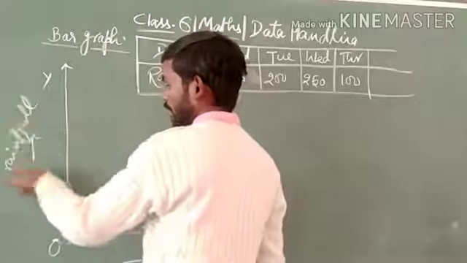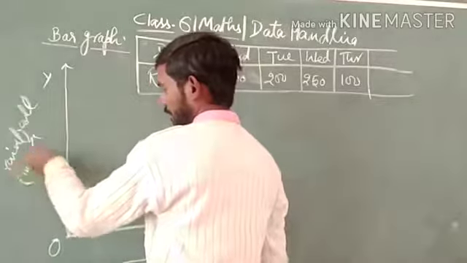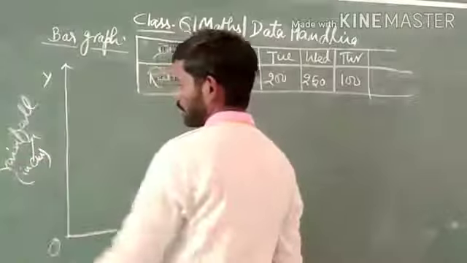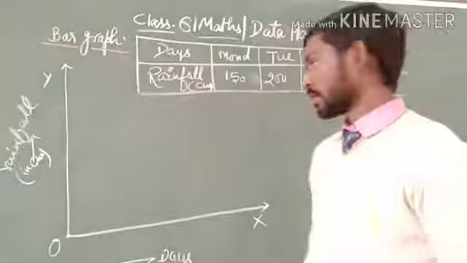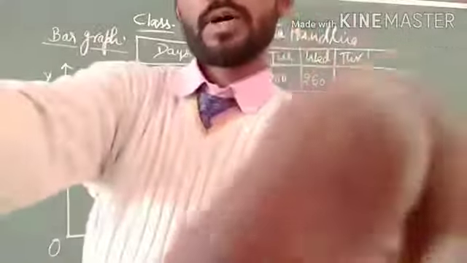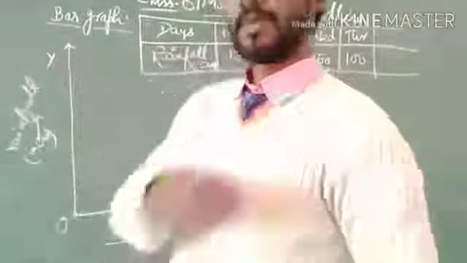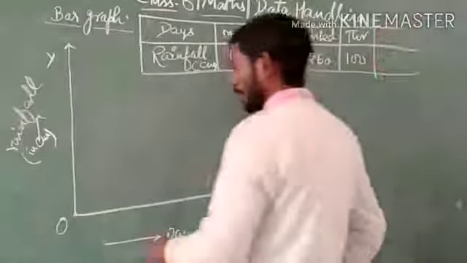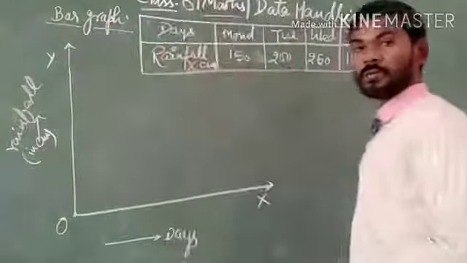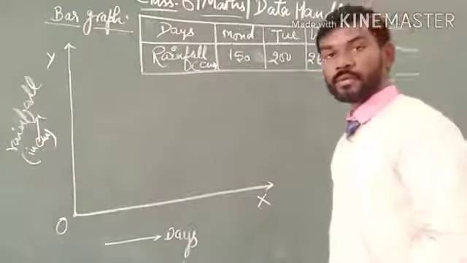Rainfall in centimeter. The rainfall is in centimeter. Okay. So now let us see how we represent the data. First of all, we divide these horizontal and vertical line in equal parts.